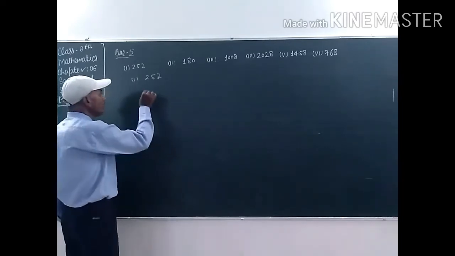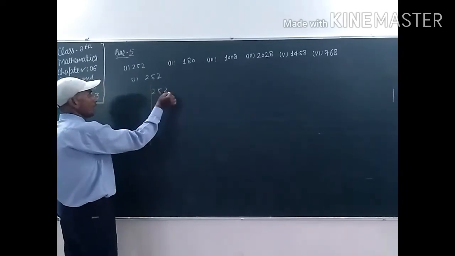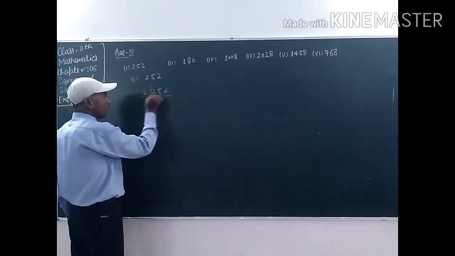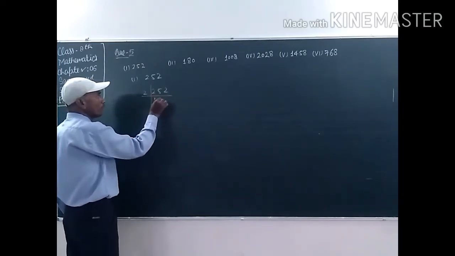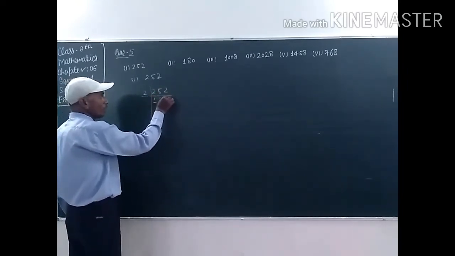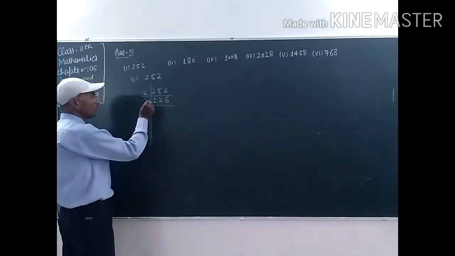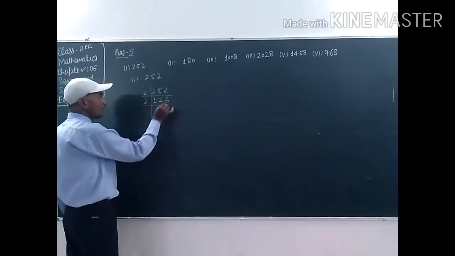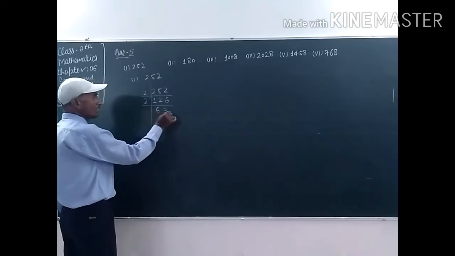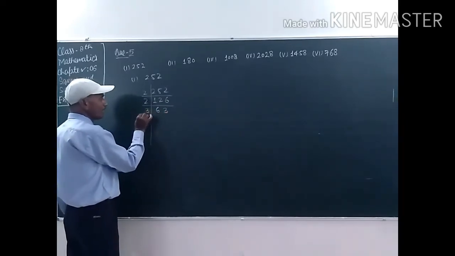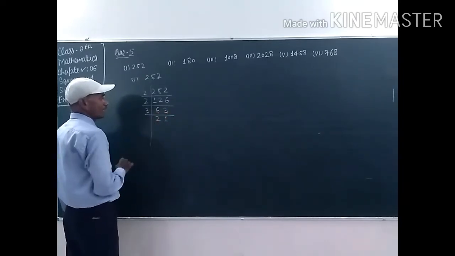Clear, student? So the prime factors of 252: after dividing it by 2, the smallest prime number, 2 1s are 2, 2 2s are 4 and 1, this one 12, 2 6s are 12. Again dividing by 2, 2 6s are 12, 2 3s are 6. Now this 63 is divisible by 3, 3 2s are 6, 3 1s are 3.